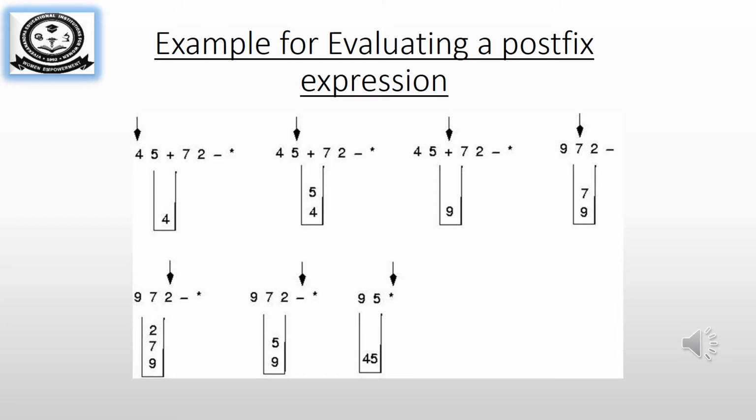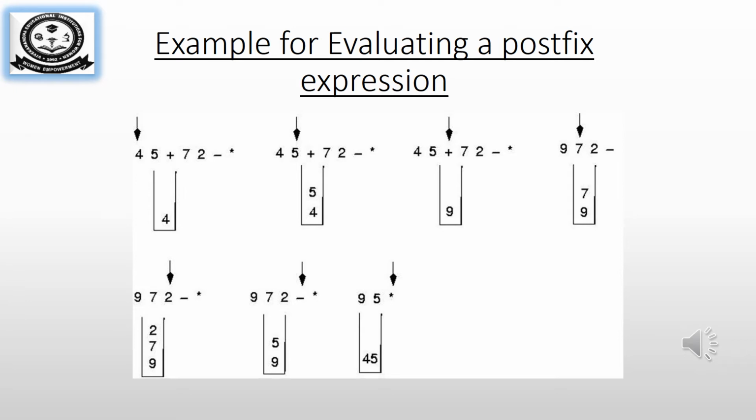What comes first is 5, which will be the right operand of plus. Then 4 comes, which will be the left operand of plus. That is, when 5 and 4 come out, it will be 4 plus 5, not 5 plus 4. The expression is evaluated: 4 plus 5 is 9. Again, the result is pushed into the stack.